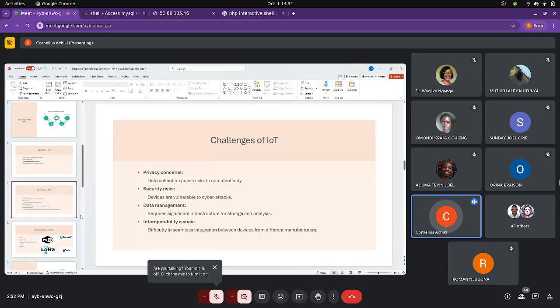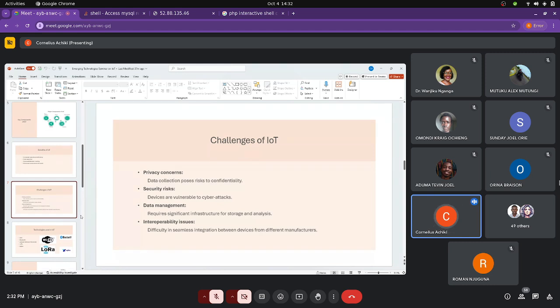So as in any technology, as much as you look at the benefits, there will always be challenges. And these challenges, especially in IoT, will come owing to technology. As you know, right now, people are big on big data and data protection.